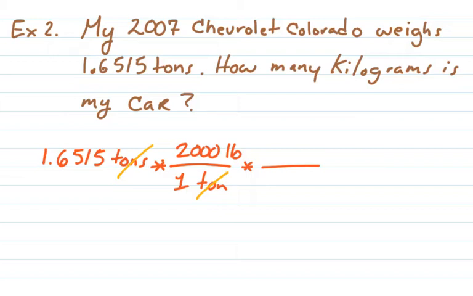Now I have pounds to kilograms. Well, I know that there's 2.2 pounds in 1 kilogram. All right, cancel out the labels. And here we have our answer. Our answer is going to be in kilograms. It's the only label that's not crossed off. If I put this into my calculator, I'll get 1.6515 times 2,000 divided by 2.2.